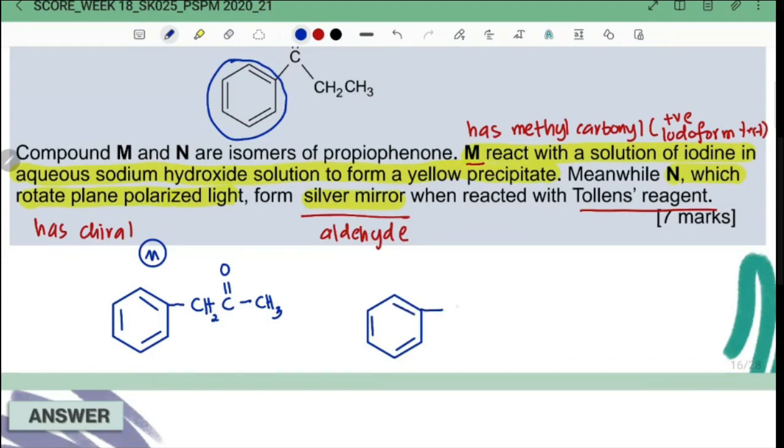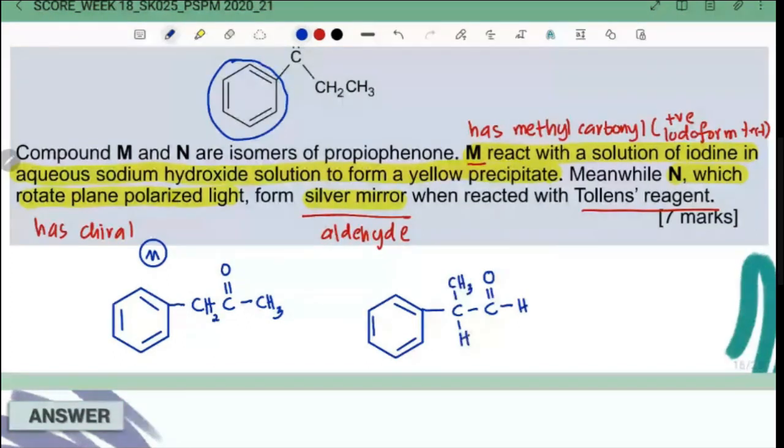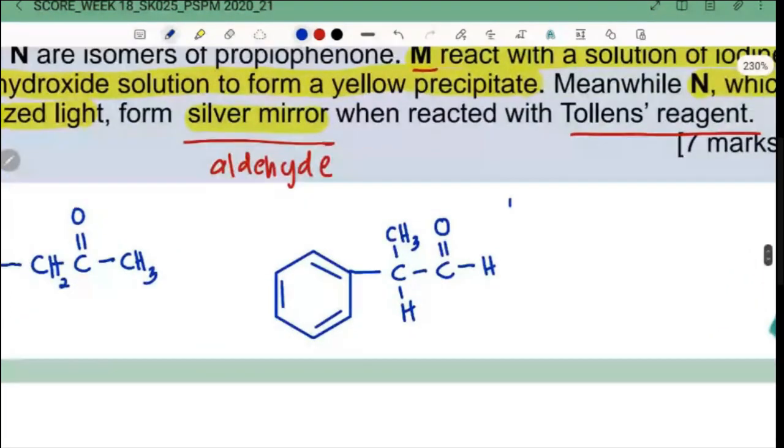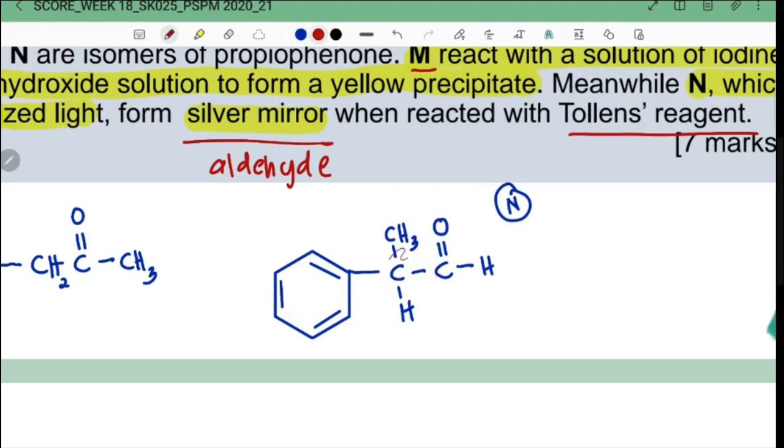That means if we have 1, 2, it comes as an aldehyde, and then this one we have the CH3. So as we can see here, we have a chiral carbon and this is an aldehyde. So this is your chiral carbon.